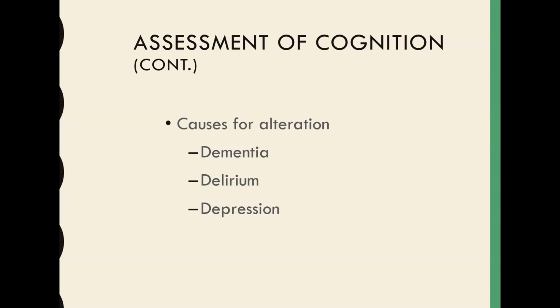So you want to look at any type of early signs of dementia. Dementia happens gradually over time.